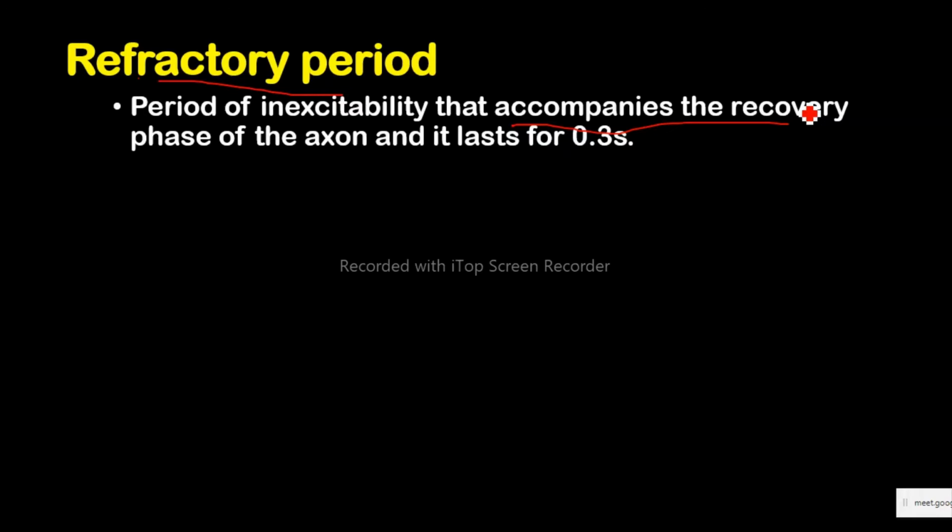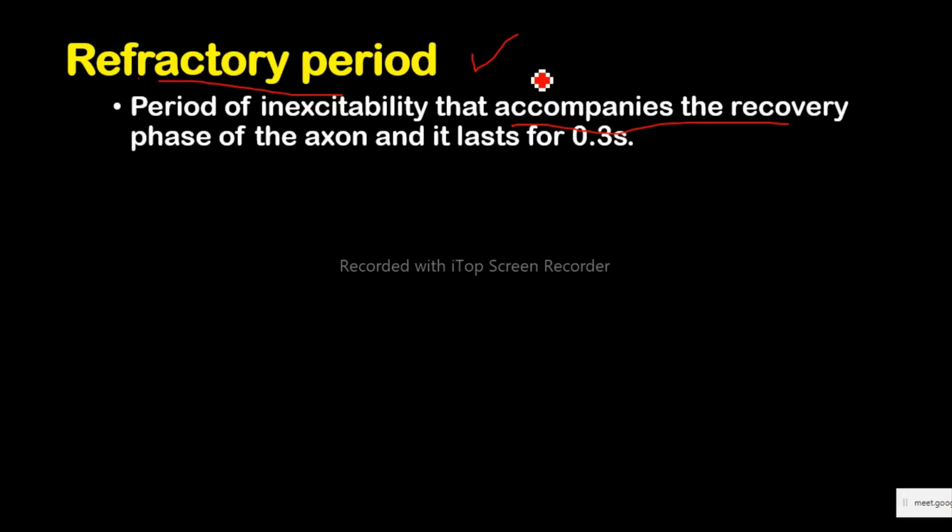So in the process of recovering the membrane potential, however strong the impulse is, you cannot excite that neuron, that receptor again. So we say that the receptor is in the refractory period.